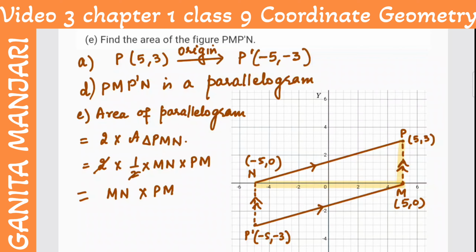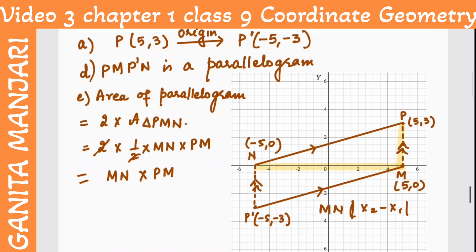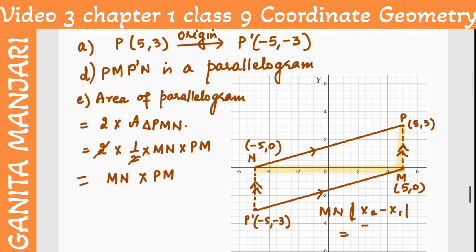So let us find out what MN is. Since it is on the x-axis, the direct method is x2 minus x1, modulus. So here it is equal to 5 minus -5, so it is equal to 10. So MN is 10 into, and a vertical line is there.